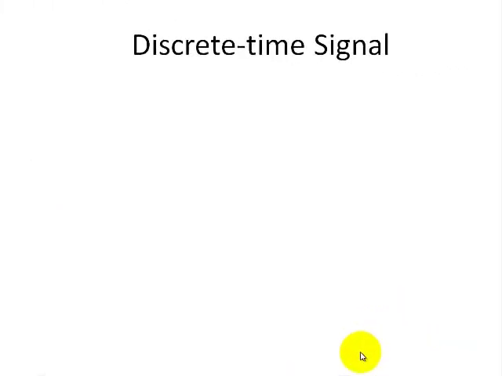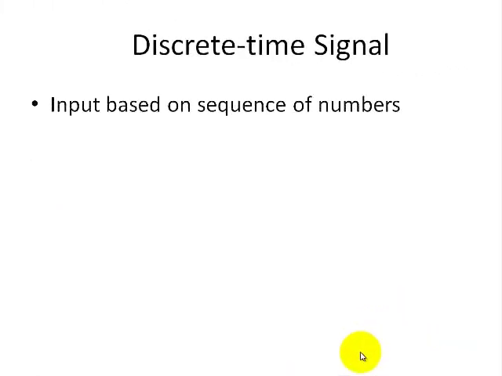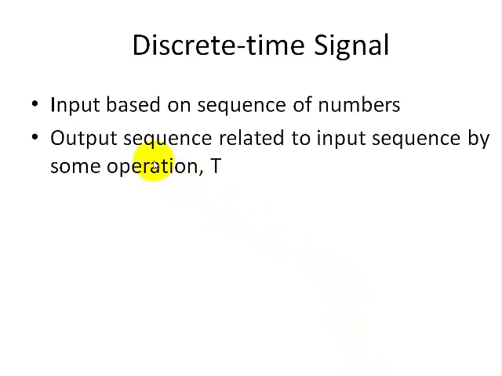So let's take a look at discrete time signals. Basically, we want to take an input, which is a sequence of numbers, and manipulate or operate on it such that we get an output sequence with desirable properties, for example, getting rid of noise. So the output sequence is related to the input sequence by some operation T. For example, the T operation could be just taking the input sequence and multiplying it by 5.